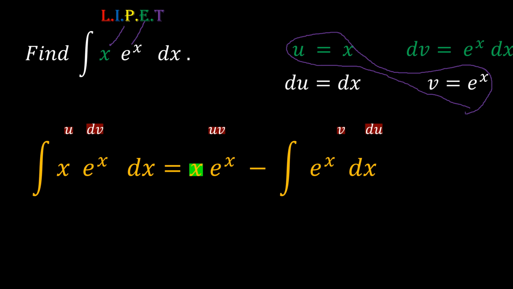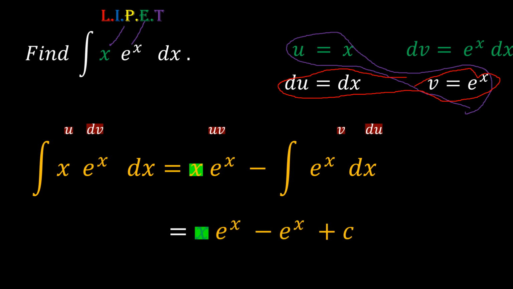So we have x e to the x, minus the integral of v du. So that's your v, and du. That's what we have to do. Once you're done with that, all you have to do is simplify it.